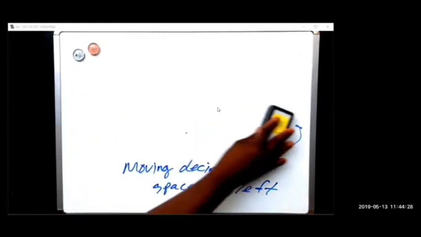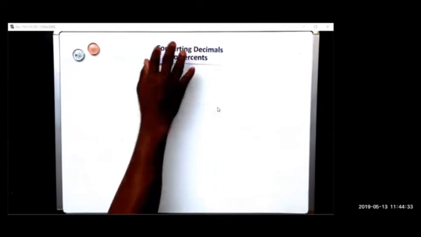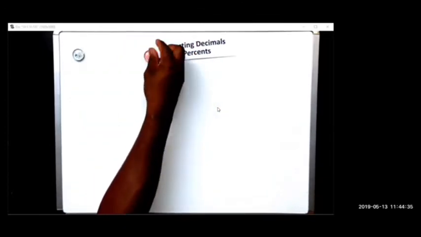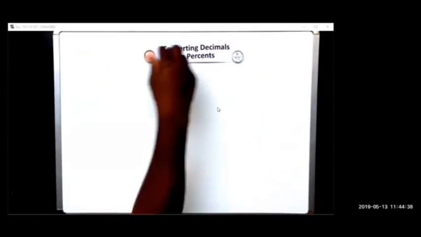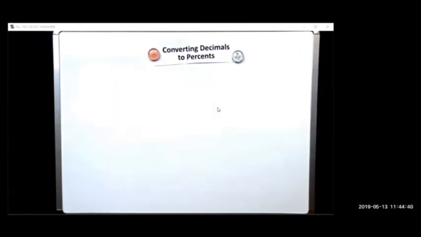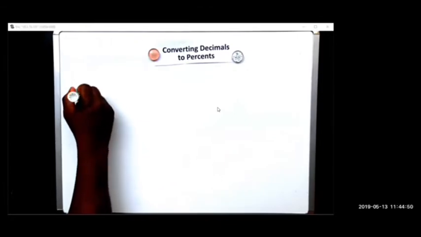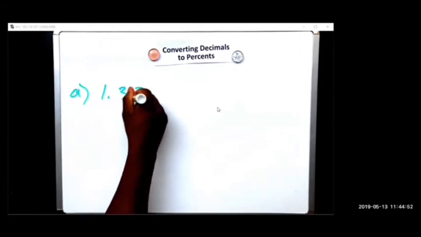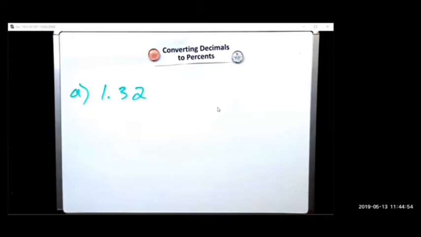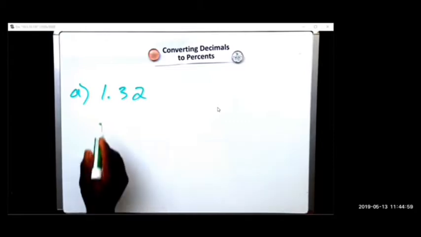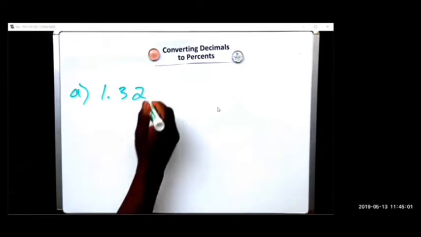When we're converting from a decimal to a percent, okay, let's say we have a decimal of 1.32, okay? And in this case, we want to convert it to a percent. In that case, you need to move the decimal 2 spaces to the right.